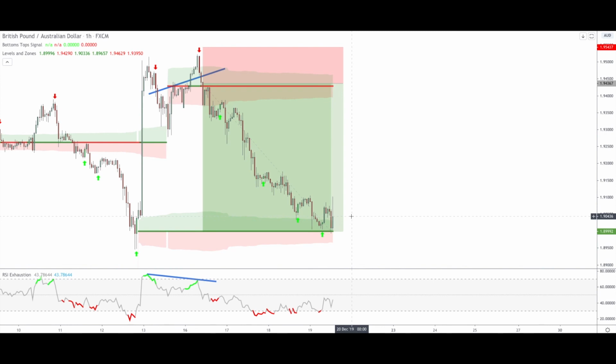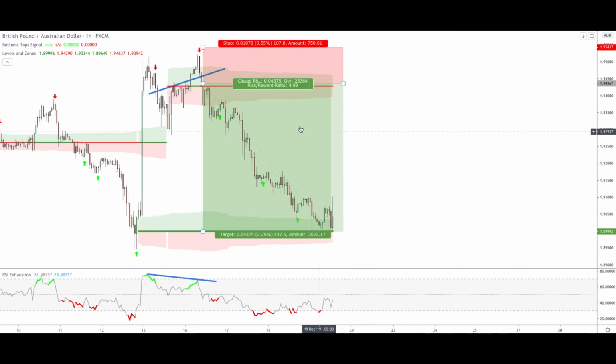Maybe not in each single trade, but over an extended period of time, our trading account will increase. Consider this trade. We got a 4x return, which means that now we can lose the next 4 trades and still be profitable. And of course, we are not going to lose the next 4 trades straight.